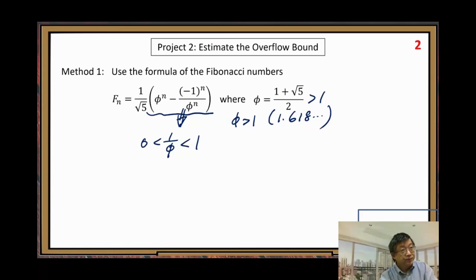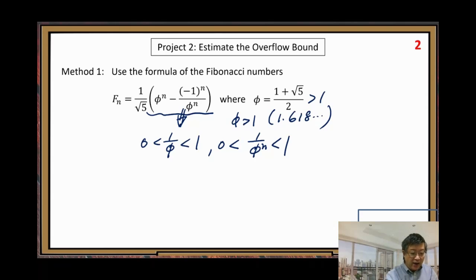So for this term, plus or minus, we have 0 less than 1 over phi to the nth less than 1. So it is a very small fraction.